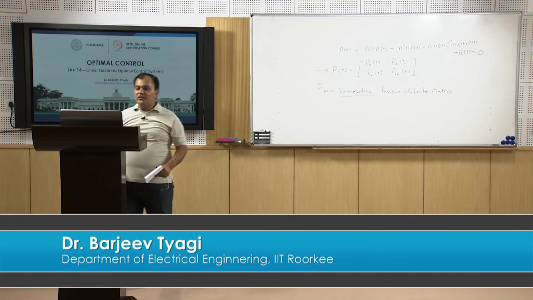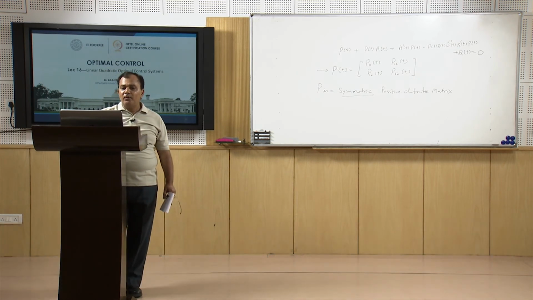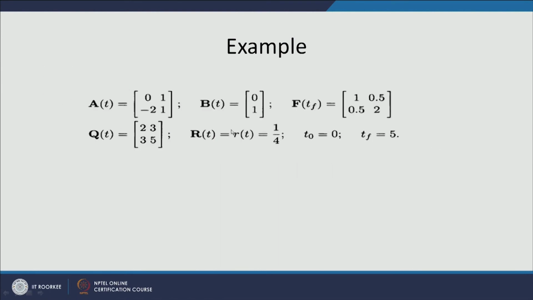These equations have the final condition, P11(5), P12(5), P22(5), which I get from my matrix F. This F matrix means my P(tf) equal to F of tf.